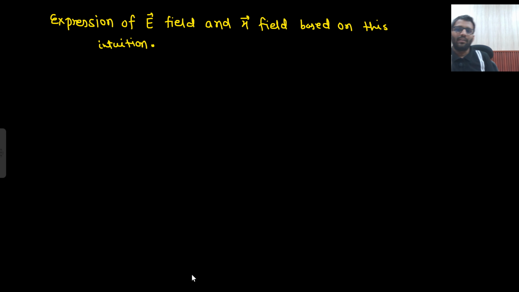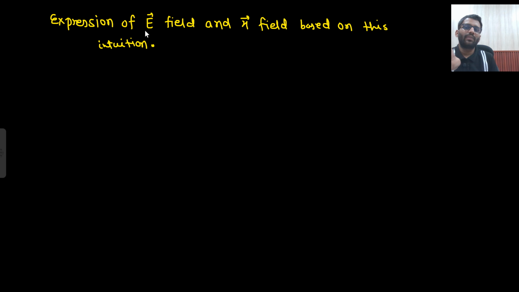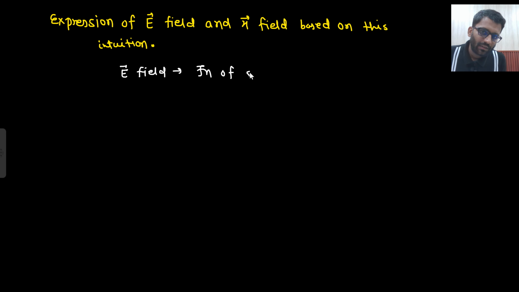So with respect to this diagram, can you write down the electric field and magnetic field expression? How will I write it? What is my E field? Look, it is a function of space. Is it a function of time?